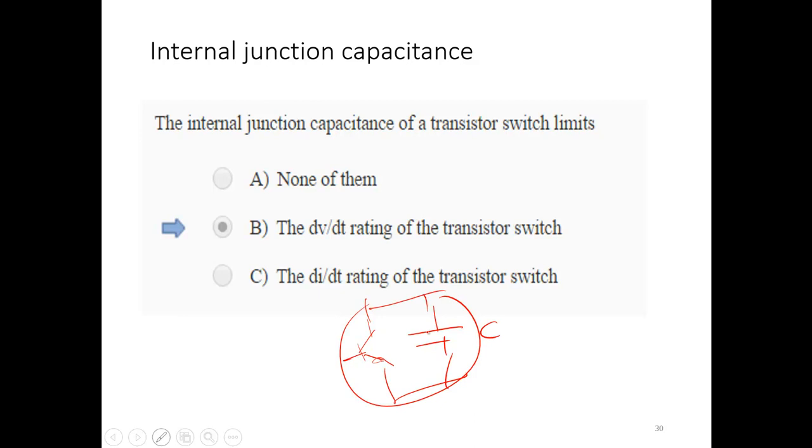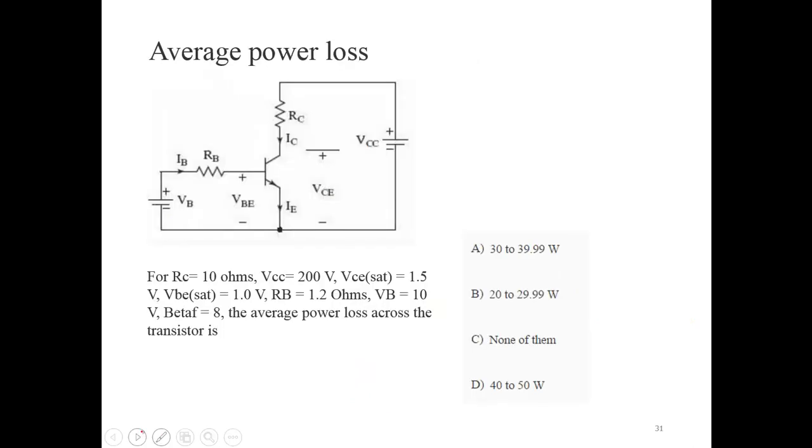If you apply a certain dV by dt, the current through the junction capacitor is I equals C dV by dt. If you apply too much dV by dt, the current through the junction capacitance could be extremely high and cause damage. So dV by dt is limited by those internal capacitances.